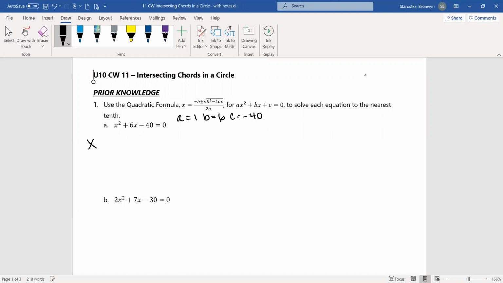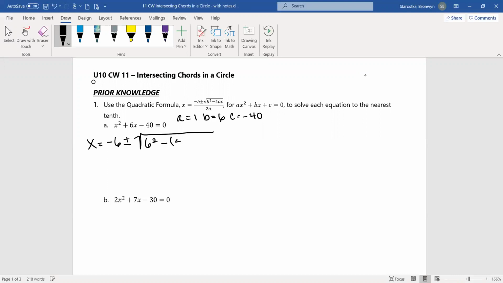We know x equals, I always say opposite B. So opposite B is 6 plus or minus the square root of B squared, 6 squared, minus 4AC.